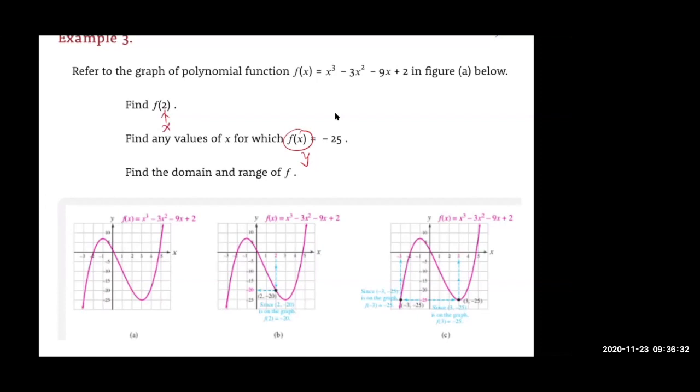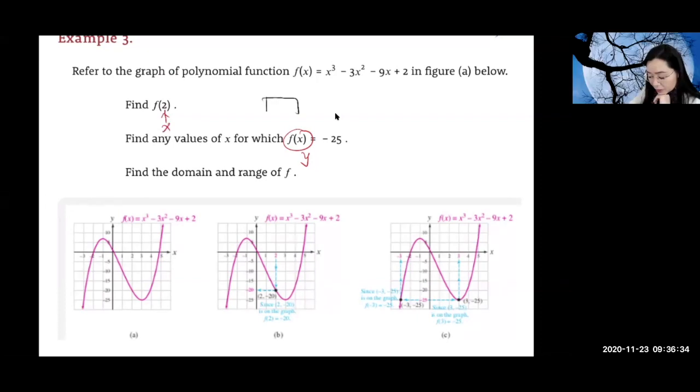Remember function, right? So when you have a function, say this function f, okay? So over here, you input x, and then the output over here will be y, or you call this f of x. Okay, so that's the output.